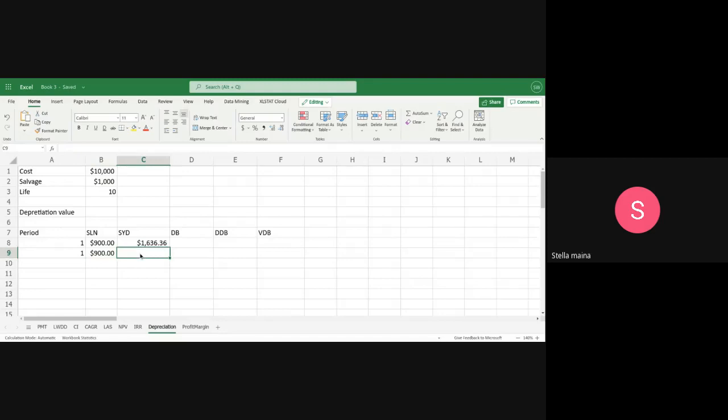So for this, it's now going to be equals SYD, just to see the difference, SYD, our cost, which is B1, the salvage, which is B2, the life, which is B3, and the par, which is now going to be A9.